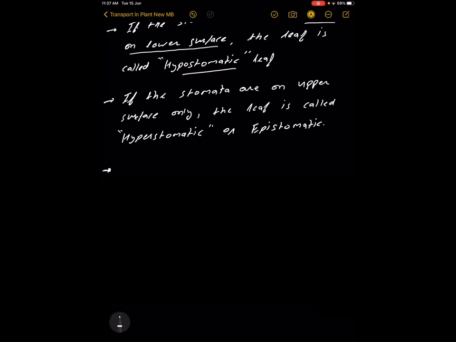Here, epistomatic leaf. As hydrophytes do not contain the waxy portion, as they are present on water, there is no need of transpiration. Actually, they don't absorb water.